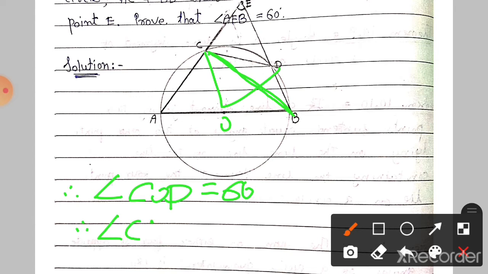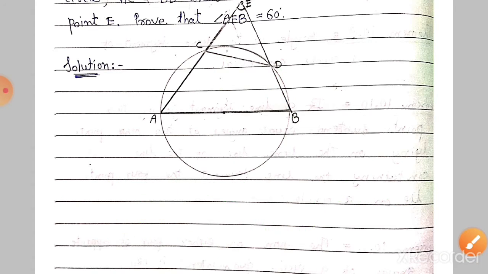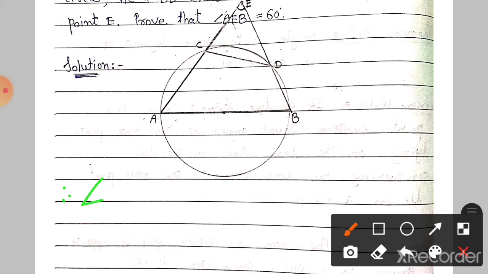Therefore angle CBD is equal to 1/2 of angle COD, by using theorem number 10.8. Correct, students? So what will be the answer? Therefore angle CBD is equal to 30 degrees.